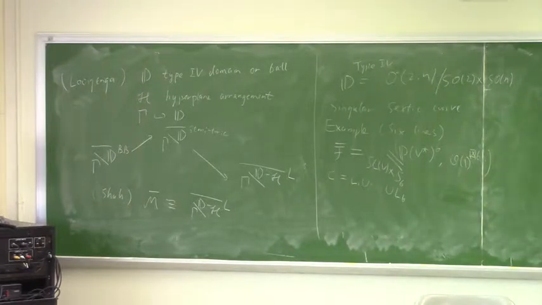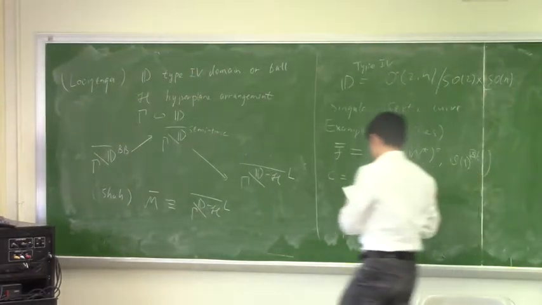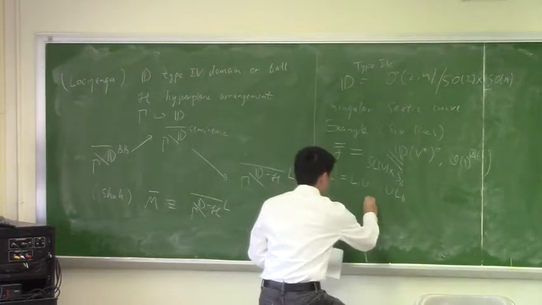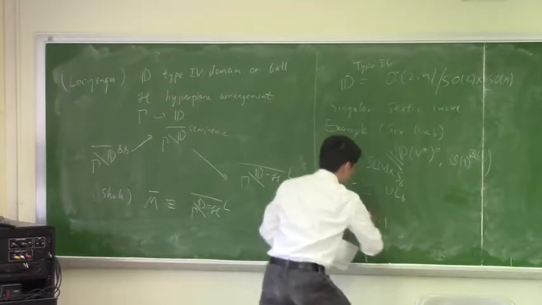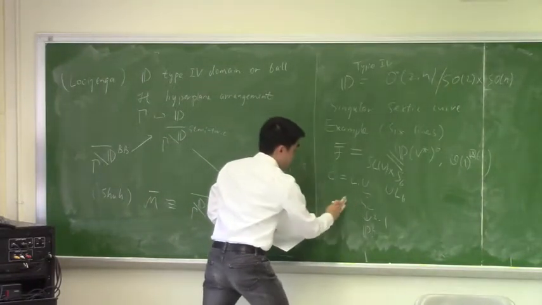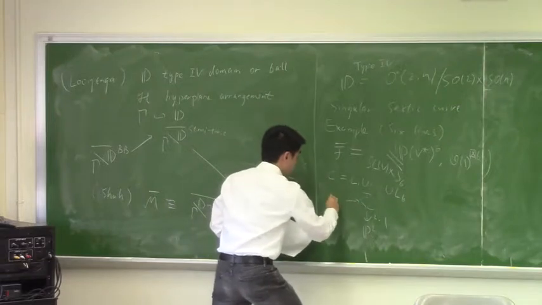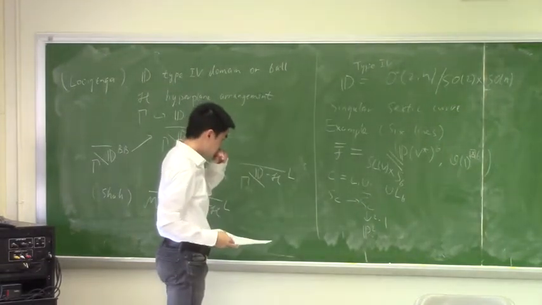And when we do the double cover along the singular sextic curve, we get a singular K3. So we will have the same double cover, but we need to resolve the singularity to get a smooth K3.